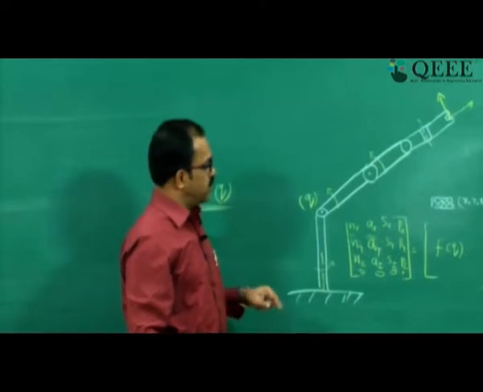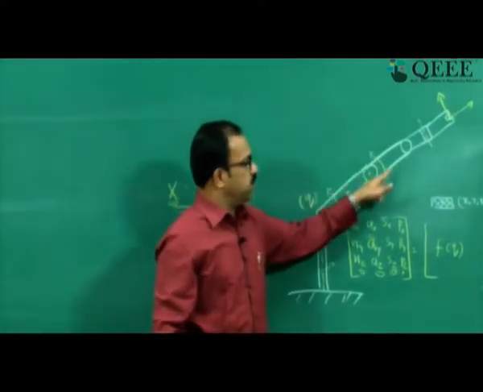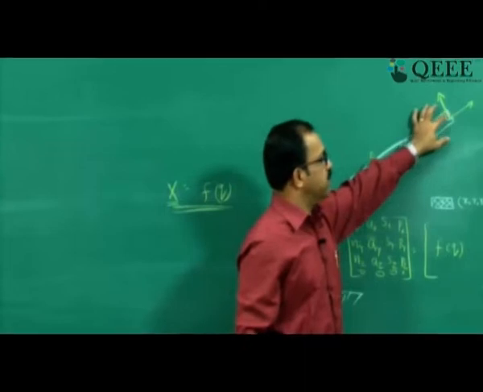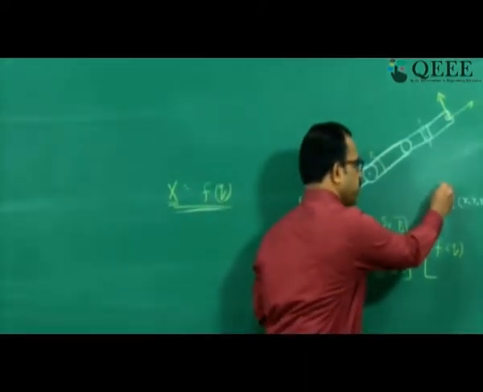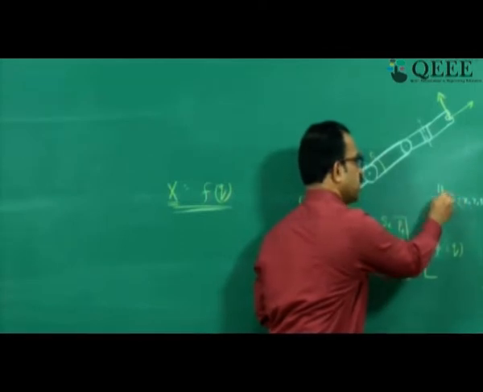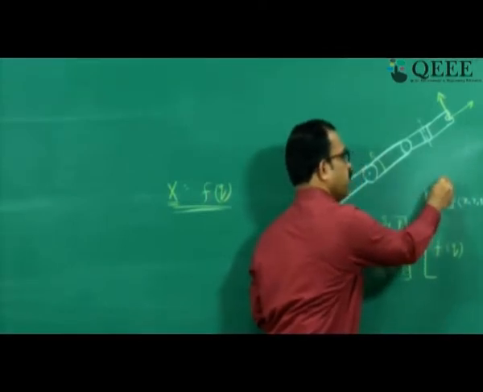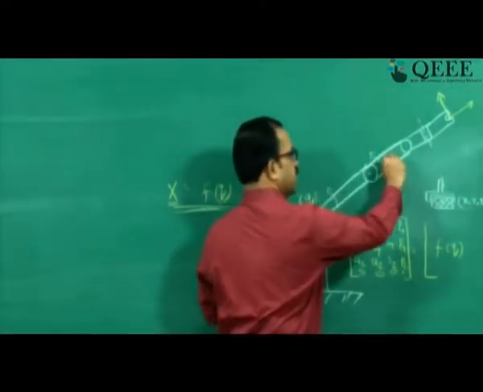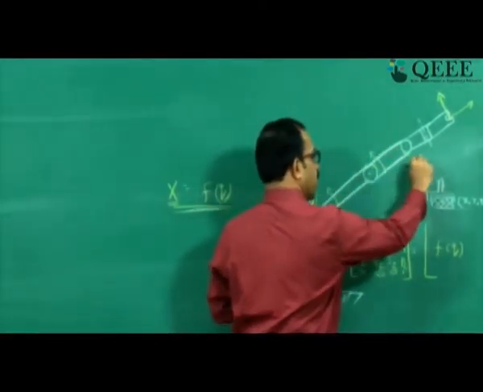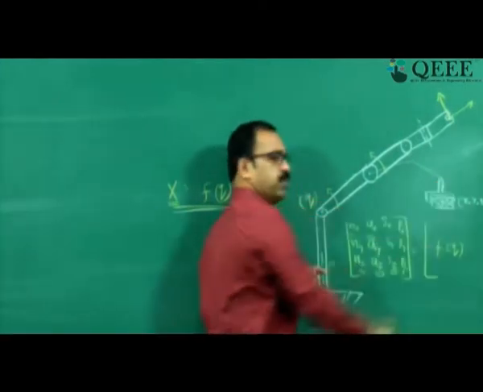We need to find out what these joint angles should be so that the gripper can come and pick up this object. What should these joint angles be so that the gripper can come to this position and pick up the object?